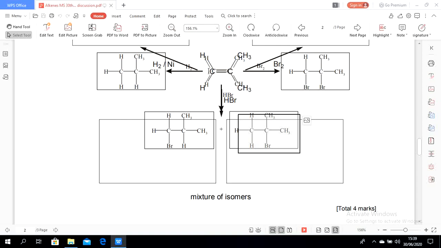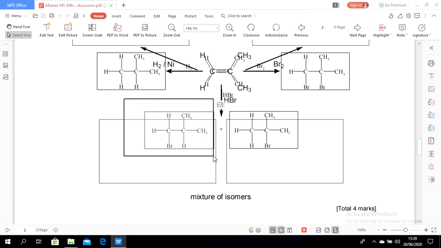So the bromine will attach to the carbon that does not have hydrogen, and the hydrogen of the hydrogen halide will attach to the carbon that already has hydrogen atoms. But there is a side product. The side product is the opposite, not following the Markovnikov rule.